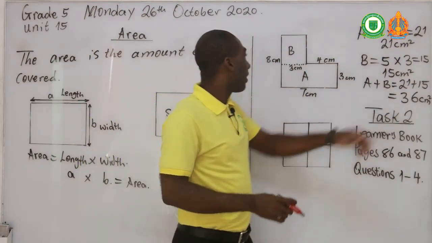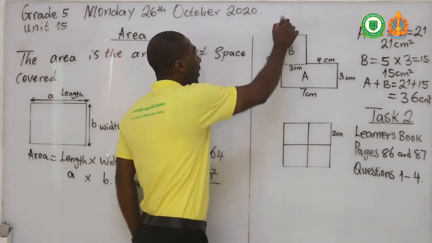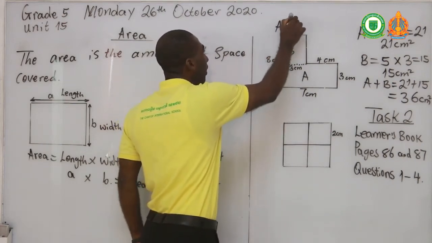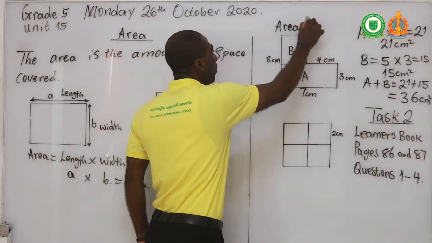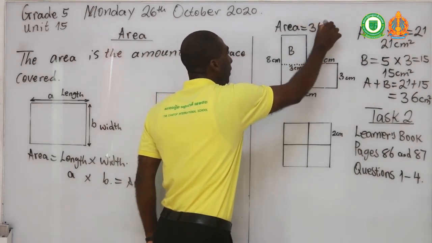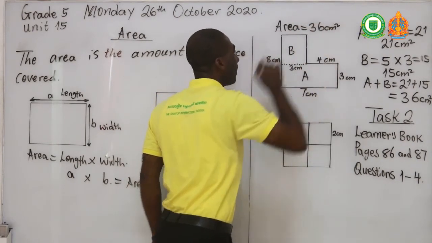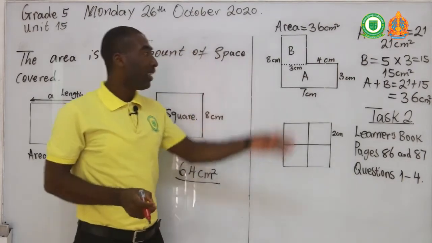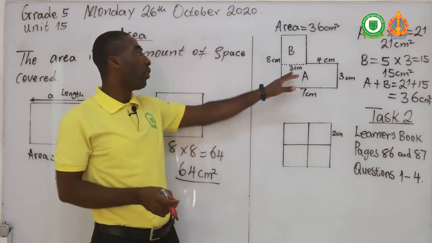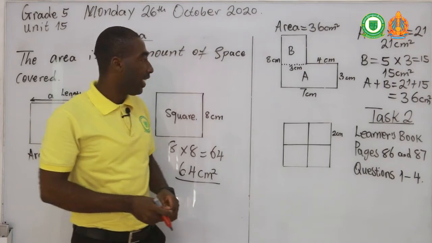So our final answer for the area here will be equal to 36 centimeters square. That will be our area for the composite drawing.